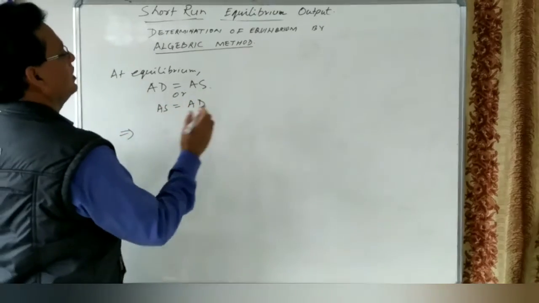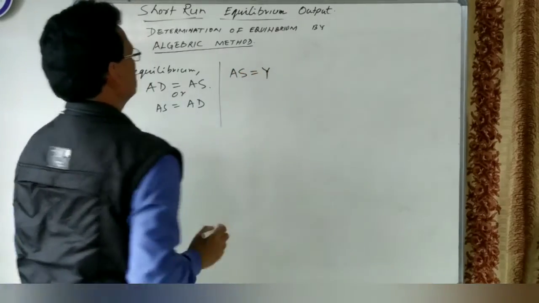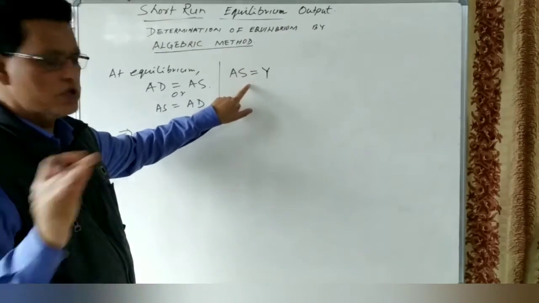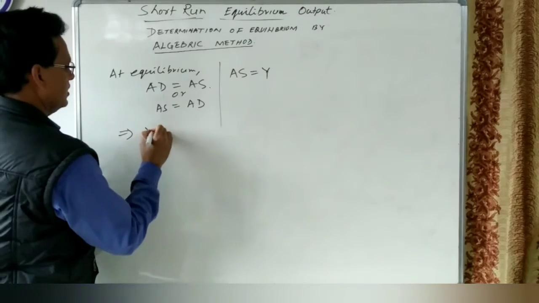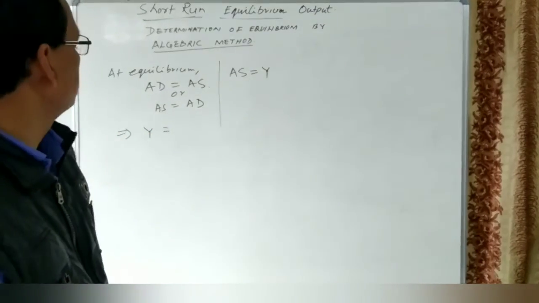Aggregate supply, AS, is equal to national income. Aggregate supply is always equal to the production of goods and services, so in place of AS we can write Y. Then AD means aggregate demand.